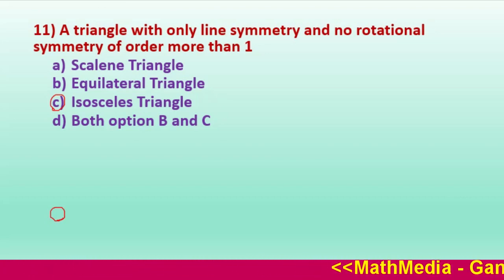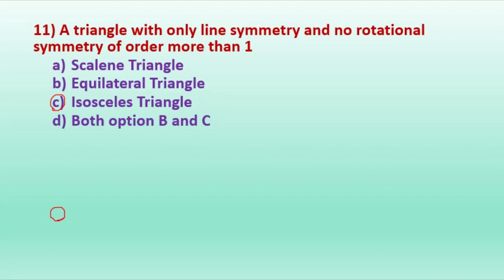An isosceles triangle is having line symmetry and a rotational symmetry of order 1. In the case of an equilateral triangle, the order of rotational symmetry will be more than 1. Hence the correct option is option C, isosceles triangle.